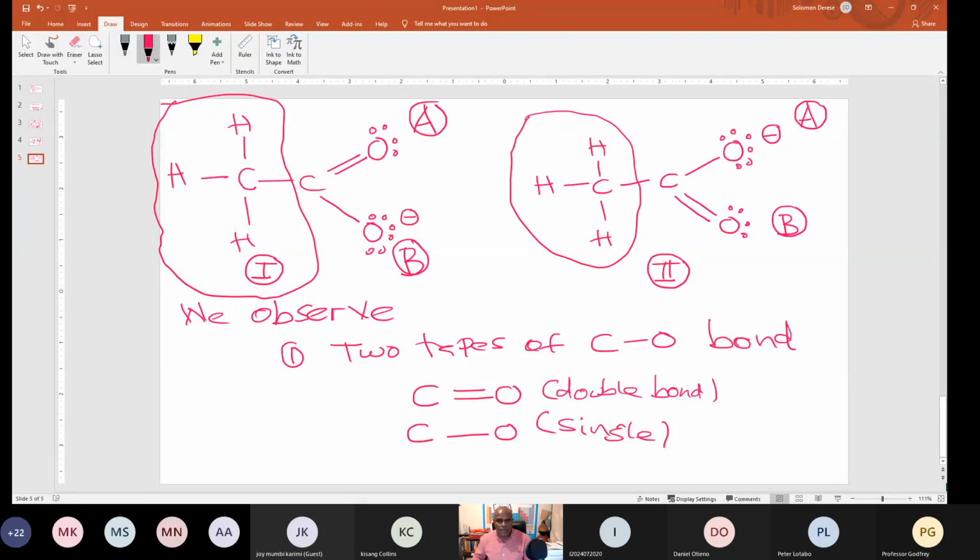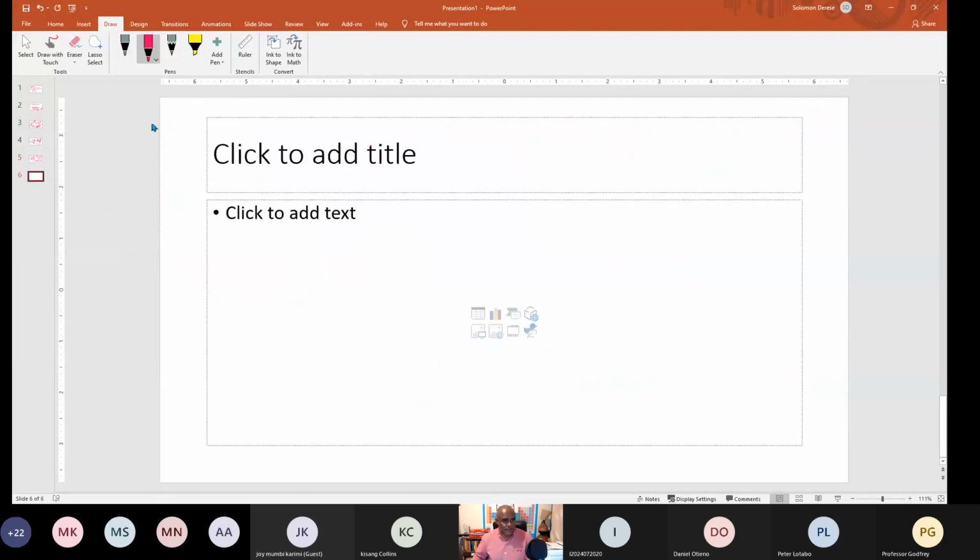Remember, double bonds are shorter, isn't it? This will be short. The other one will be long. That's one of the things we observe. The other thing we observe, we have 2 types of oxygens. One of them neutral, the other one negatively charged. This is what we see, okay?